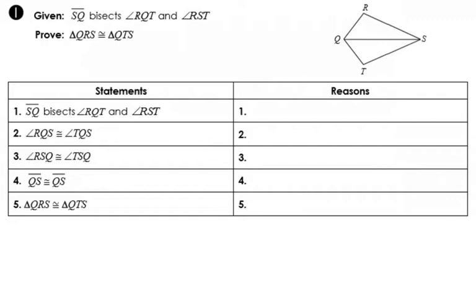So, first thing we're going to do is we got this given statement, and that is statement number 1. And that is the end of our given. So from now on, it has to be vocabulary or a property, something like that. So this one says RQS is congruent to TQS.